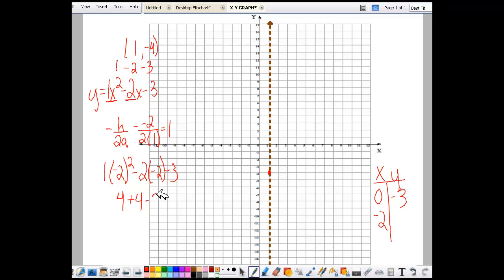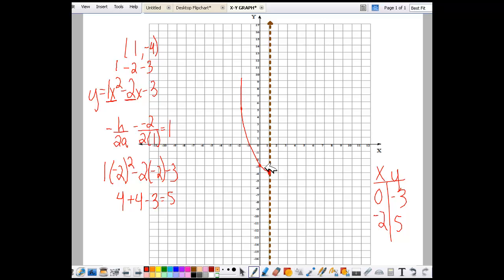Minus 3. So that would be 8 minus 3, 5. Okay, so if I've got 0, negative 3, and if I've got negative 2, 5, gives you a pretty good picture there of kind of what our parabola is going to look like.